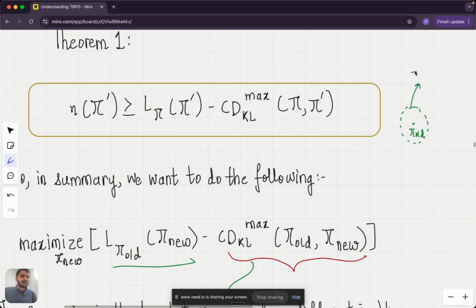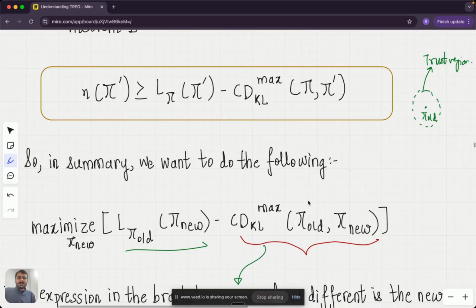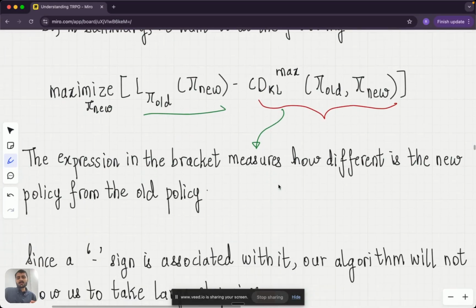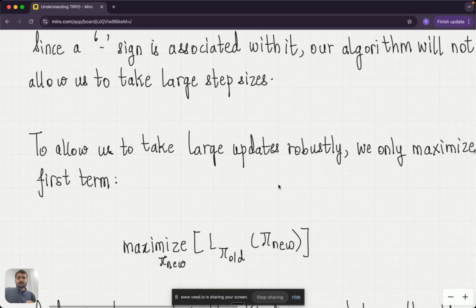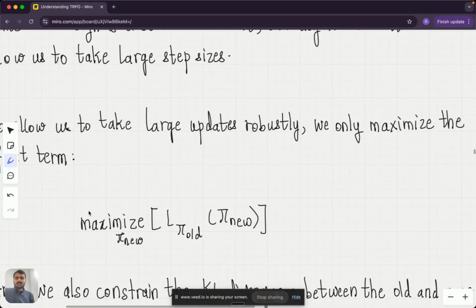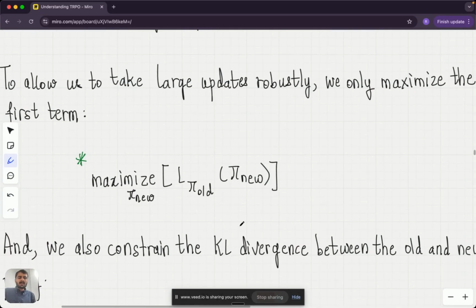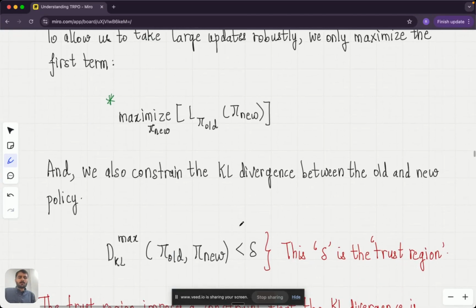So, this is the trust region which does not allow your policy to move very far from the old policy. So, what people do is that they decouple this expression into two separate expressions. The first is that we will just say that we want to maximize the first term, which is the L pi old pi new, but we constrain the KL divergence of the old and the new policy.